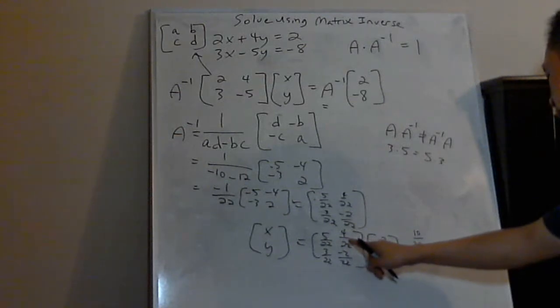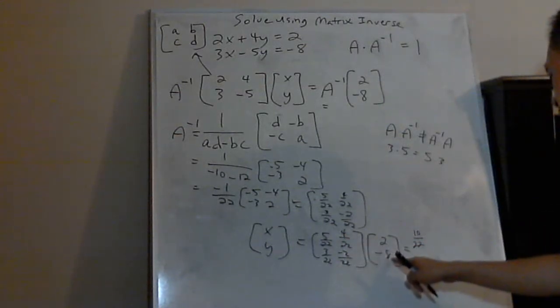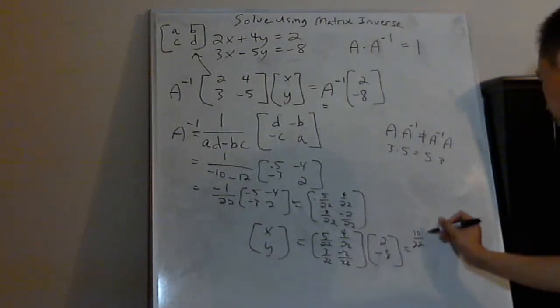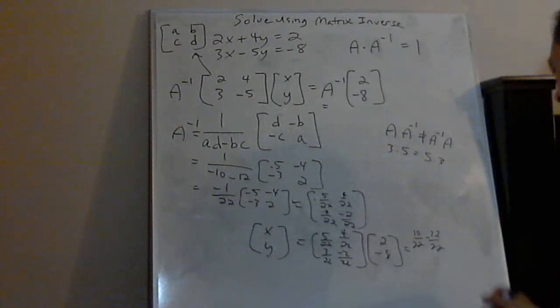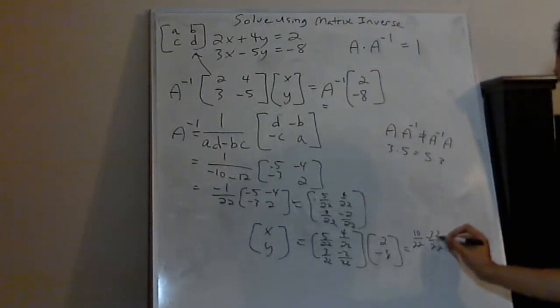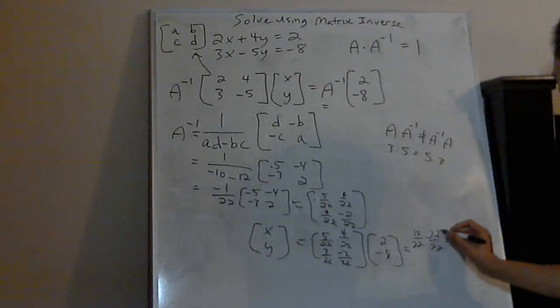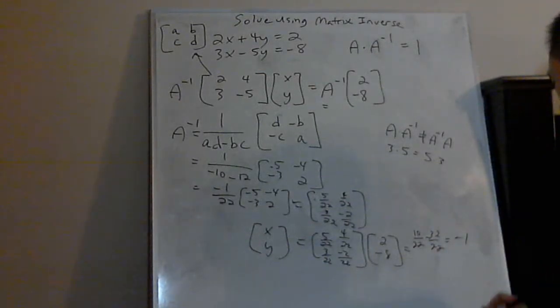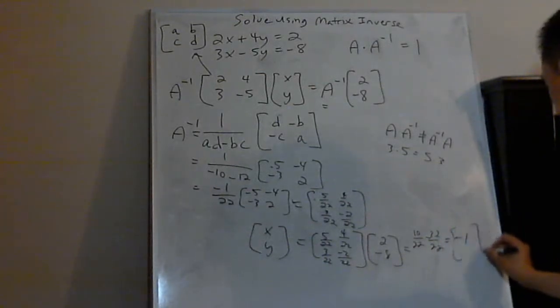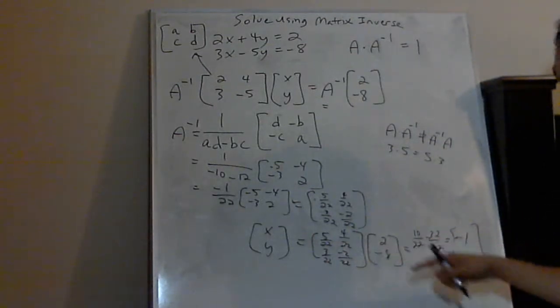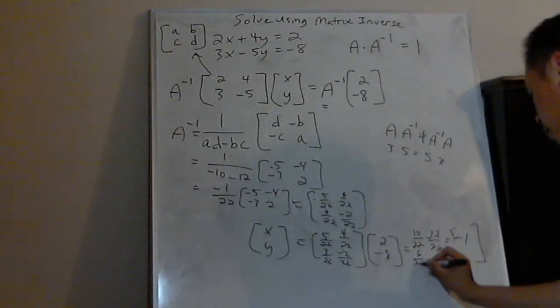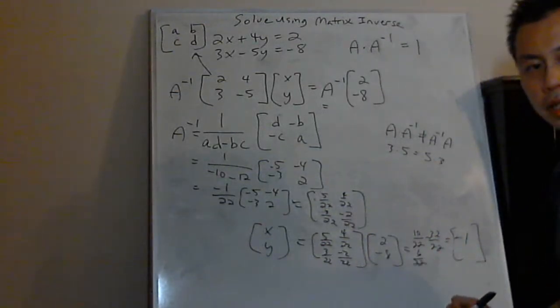And then 4/22 times this, you'll get -32 over 22. 10 minus 32 is -22, so it's -1. So far I have -1. And for the bottom, 3/22 times 2 is 6/22. If you don't know how to multiply matrices, I'll do it in another video.